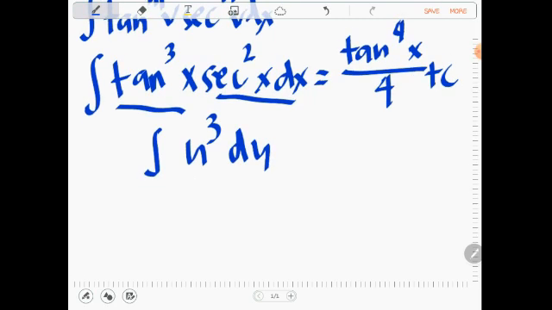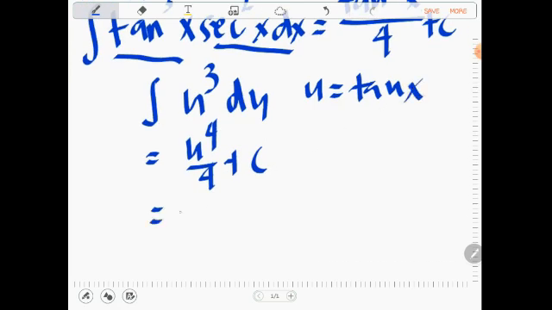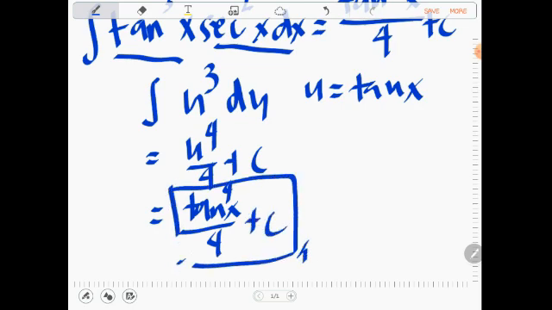So, that would be equals to u raised to 4 all over 4 plus c. Okay, then palitan natin where u is equals to tan of x. So this would be equals to tan of x raised to 4 all over 4 plus c. So, in this module or in this process, we shall consider the following cases.